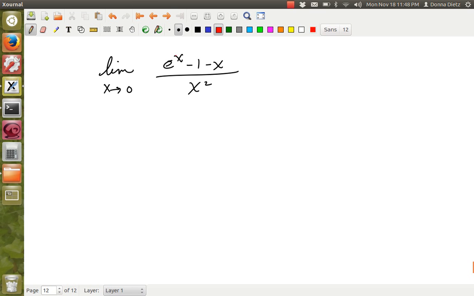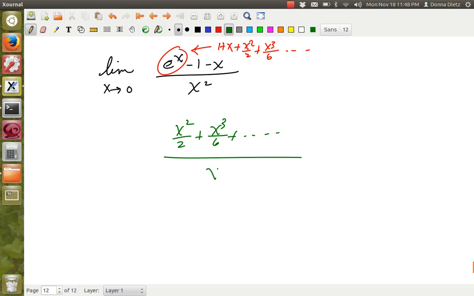And I could just say, hey, wait a minute, e to the x is 1 plus x squared over 2 plus x cubed over 6, blah, blah, blah. Okay? And so then if I subtract out the 1, I subtract out the x, what I'm left with is x squared over 2 plus x cubed over 6 plus blah, blah, blah, all over x squared. And this is a limit as x goes to 0.